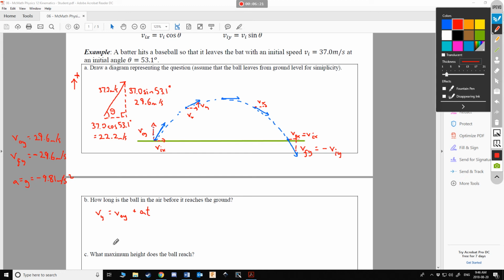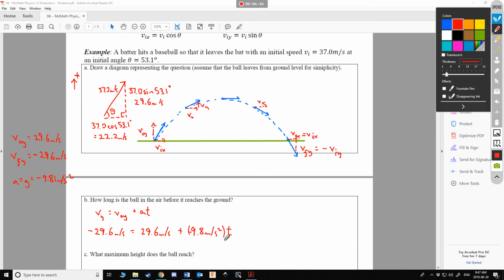We can just plug in our values. Our final velocity is negative 29.6 meters per second. Our initial velocity was positive 29.6 meters per second, plus our acceleration, negative 9.8 meters per second squared, times time.